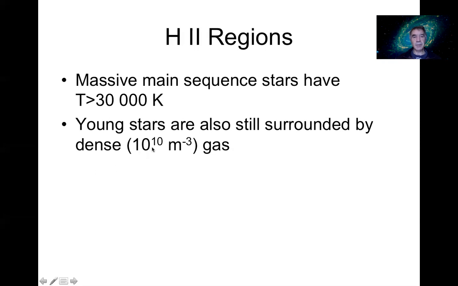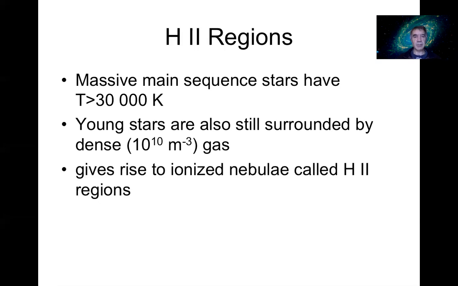By dense here, we mean something like 10 to the 10 per meter cubed. If you recall, the typical average interstellar medium density is 10 to the 6 per meter cubed, so this is 10,000 times denser. These numbers are just ballpark, order of magnitude numbers, but we're setting up the conditions here.